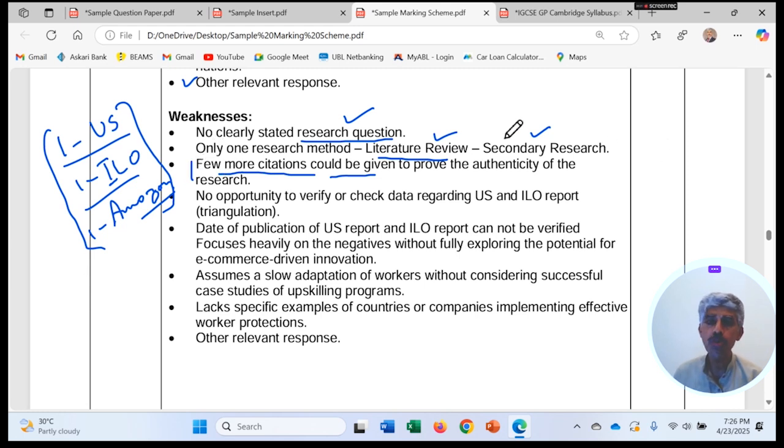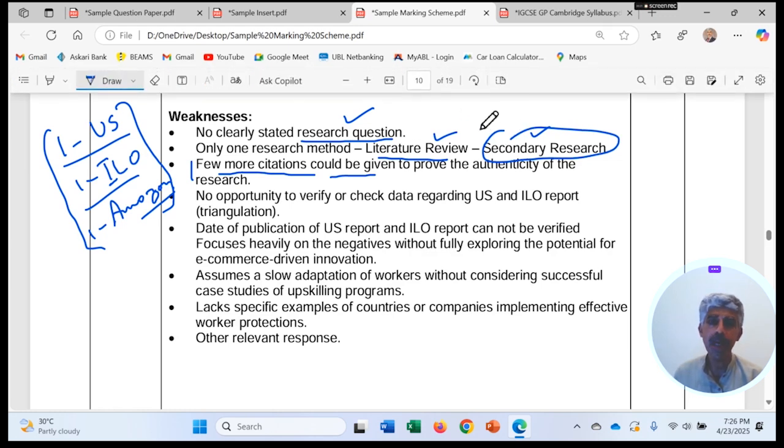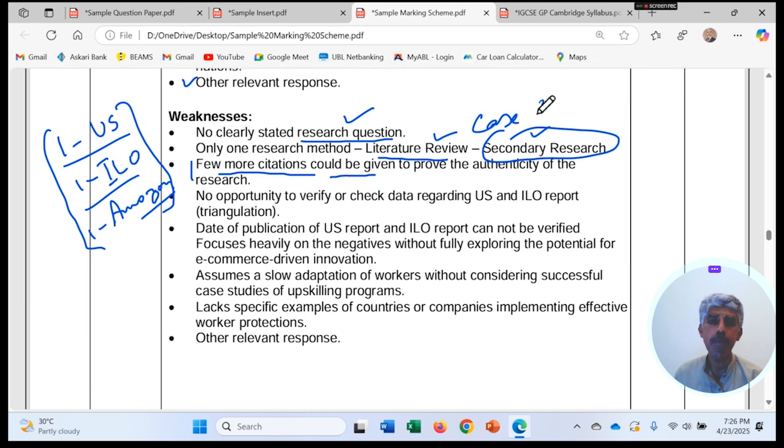No primary methods are used, only secondary methods. It could talk about other methods, I mean case studies by the United Nations on the same issue can be the second research method, apart from literature review.